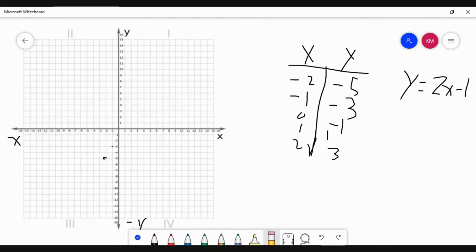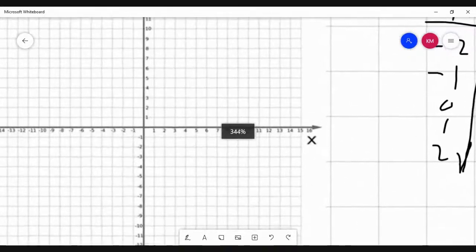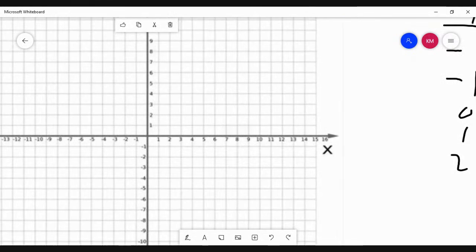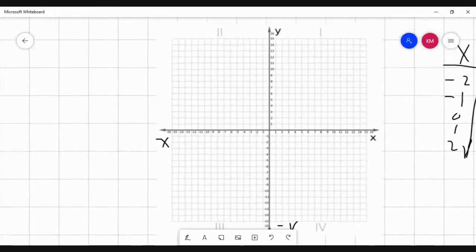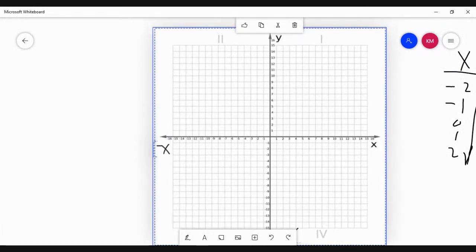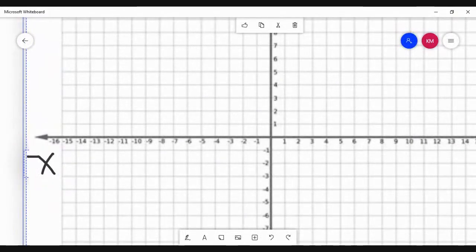You know what? I'm going to make this a lot bigger so you can see it. It's going to be a little blurry, but I promise you it's going to be worth it. And of course, my computer does not want to be my friend right now. So what I'm going to do is move this here and make this bigger.